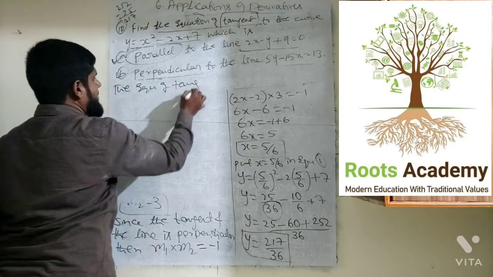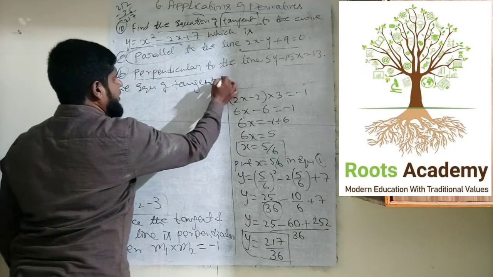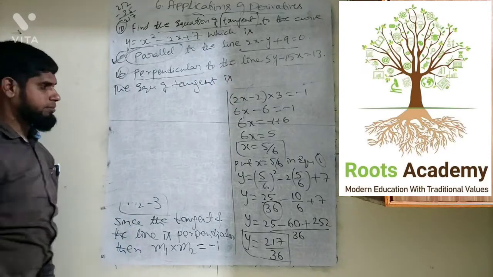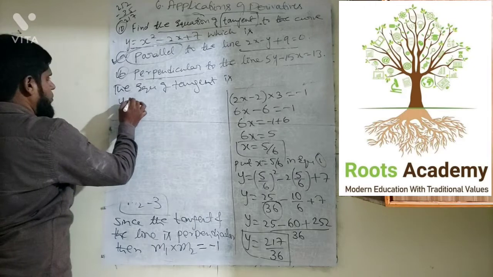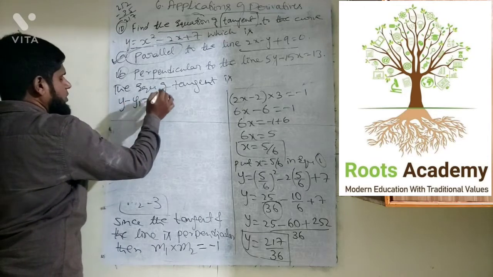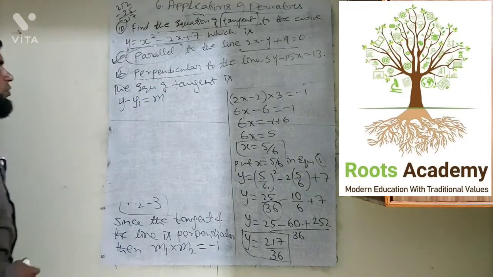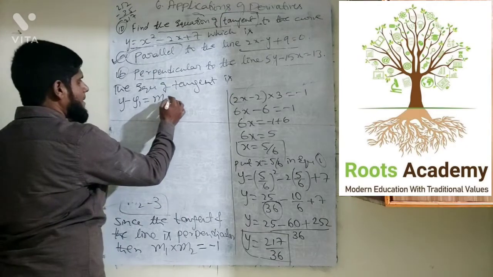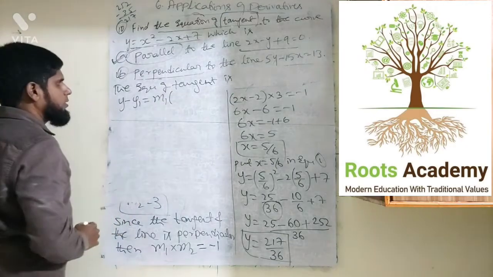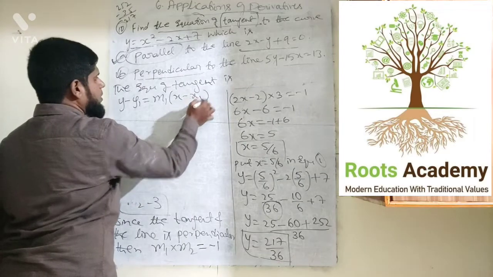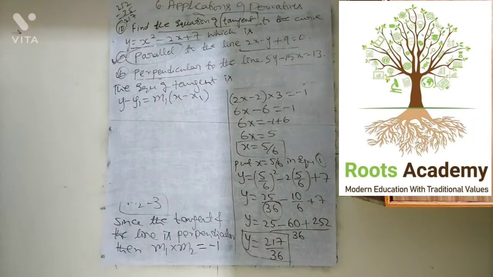The equation of the tangent is y minus y1 is equal to m1 into x minus x1.